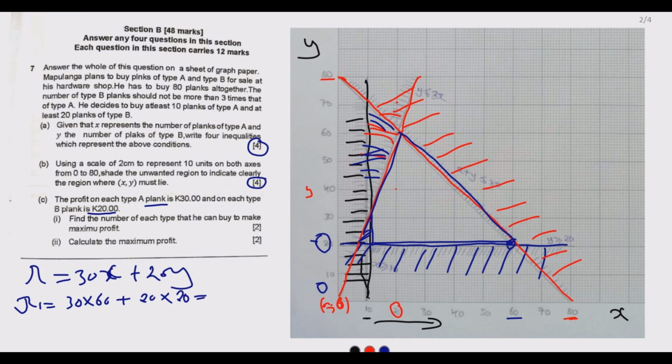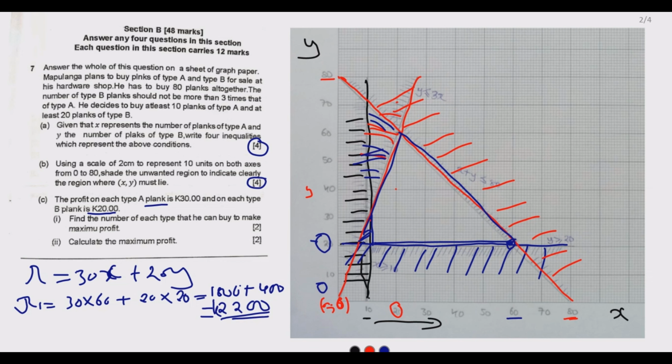So 30 times 60 is 1,800 plus 20 times 20, which is 400. We end up with basically 2,200 kwacha as profit. So that's the first extreme.